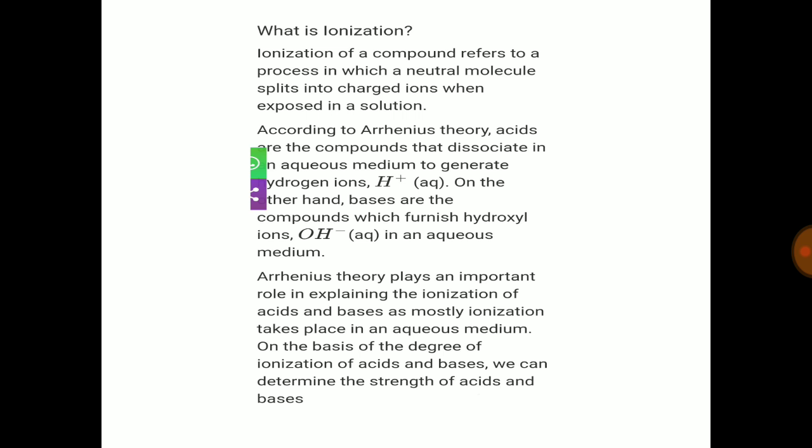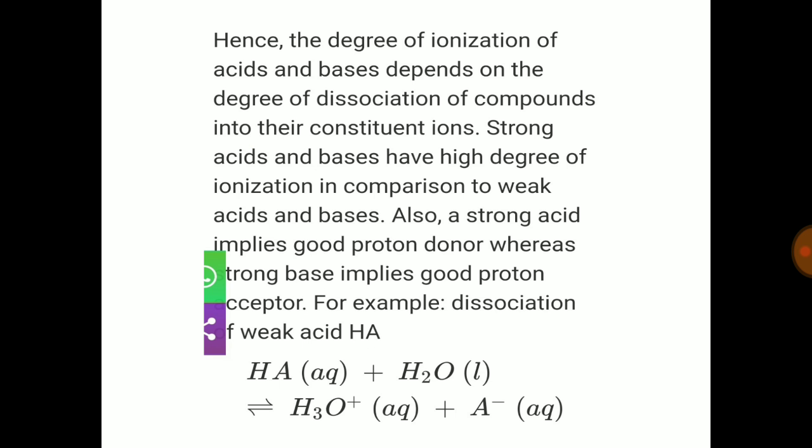When a compound is able to produce more and more hydrogen ions, we can say the substance is more acidic, or we can say strongest. So the strength of acids or bases can be determined from this ionization.